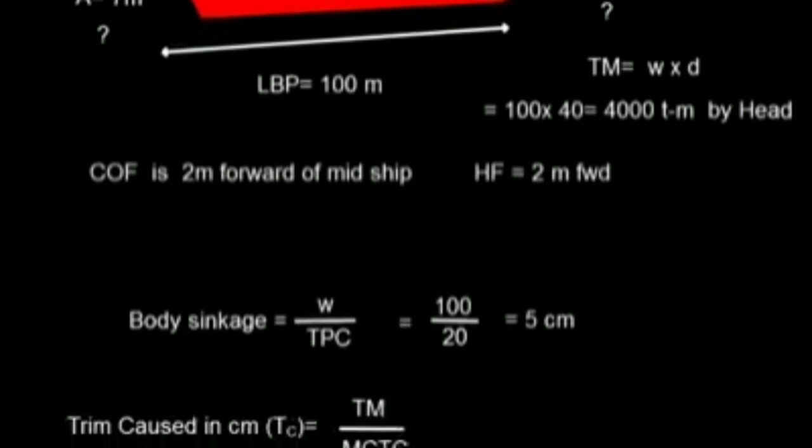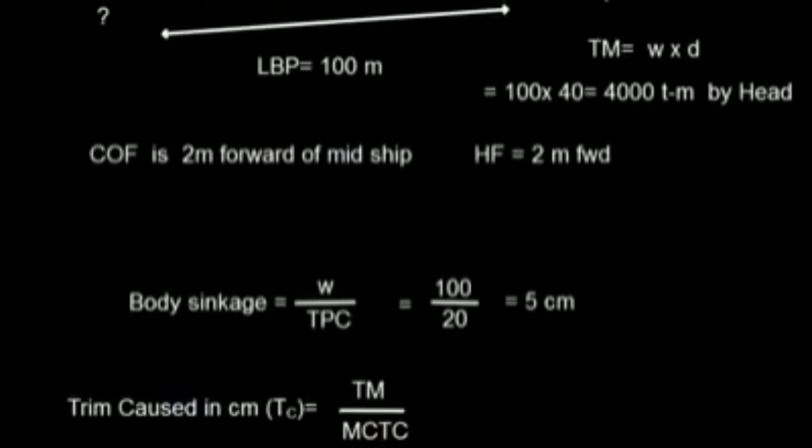Now let us find this trim cost. Well, trim cost in centimeter is trimming moment by MCTC. The concept of trimming moment and MCTC is similar to the TPC. MCTC means moment to change the trim by 1 centimeter. So if I have the total trimming moment of 4,000 ton meter, and if I divide that by MCTC, I will get the trim in centimeter.